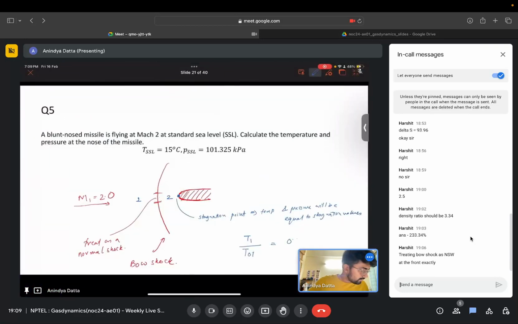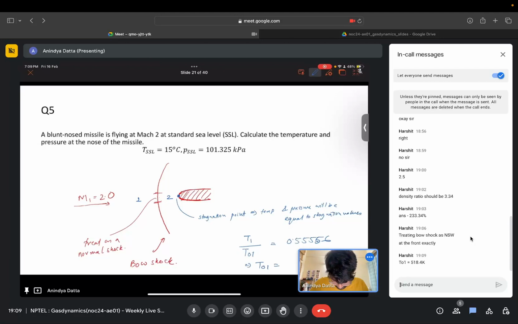So T01 is equal to 15 plus 273, so 288, divided by 0.55556, which is 518.4 Kelvin.